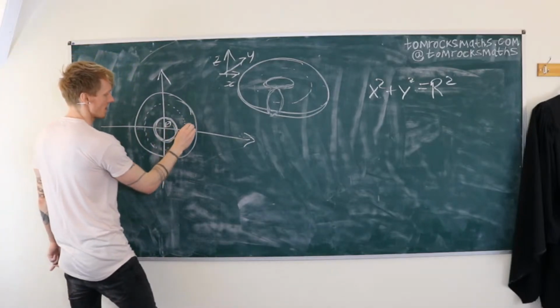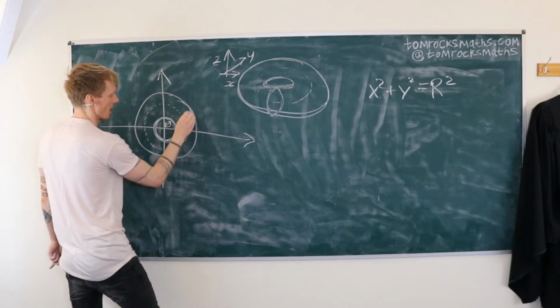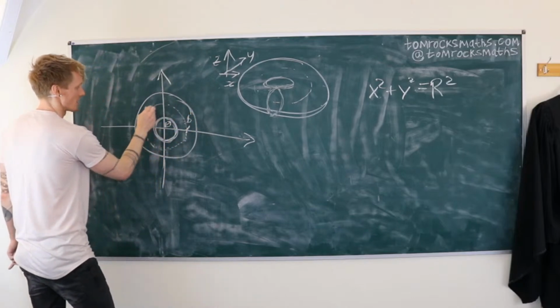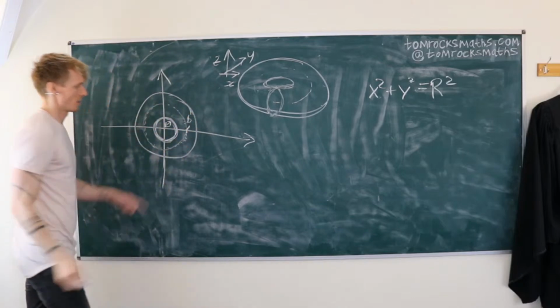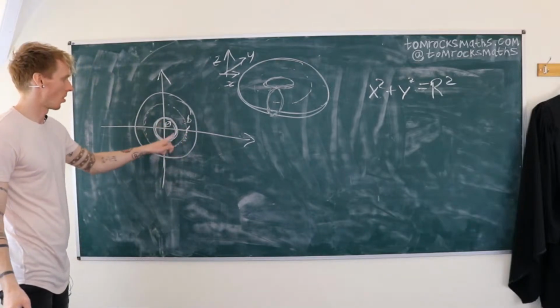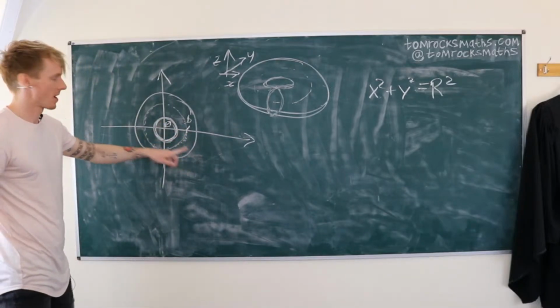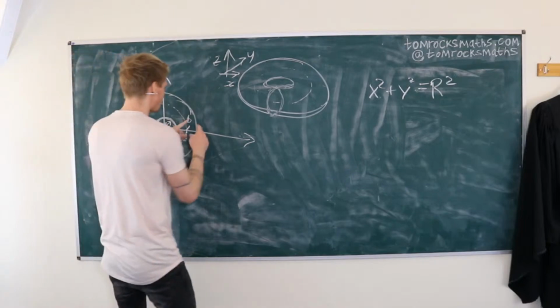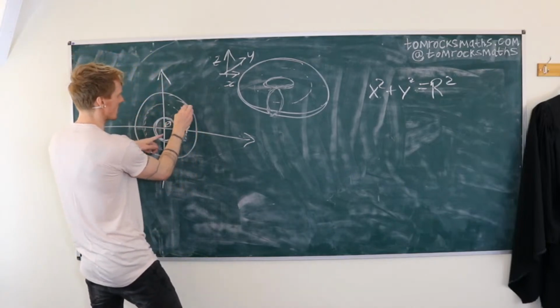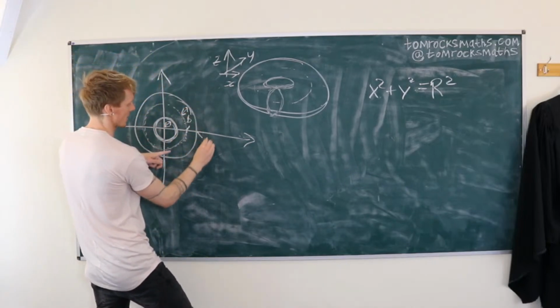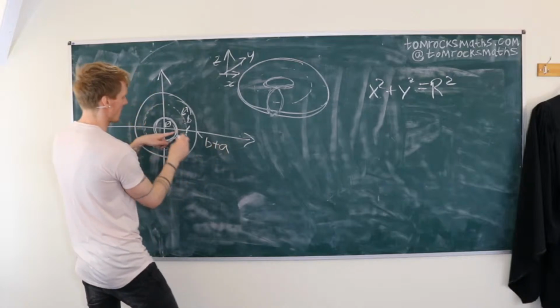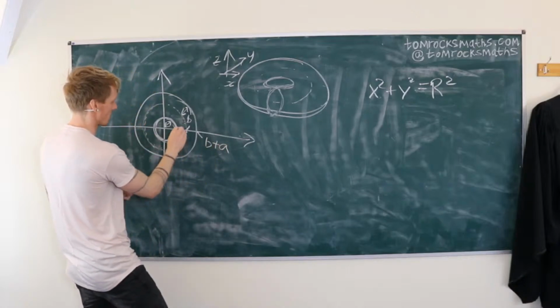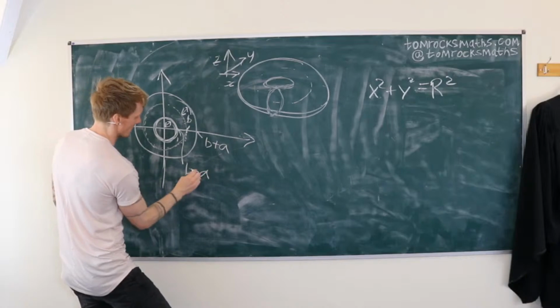Right, so if I say this occurs at some distance b, this inner circle, which is going to be halfway between the hole and the outside bit, then we say this distance here is b plus a. And then this inner one is b minus a.